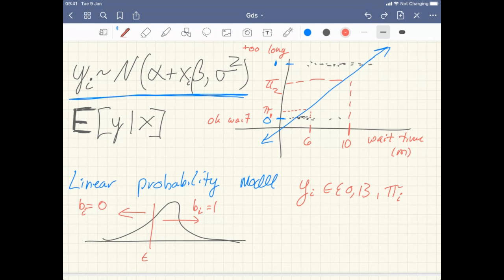But the model is still only going to give you that fitted line. So in order for you to classify your predictions, we have to draw a threshold. We have to say, okay, at some value of P, we're going to say an observation is a 1. And at that same value of P, if it's smaller, we're going to say it's a 0.